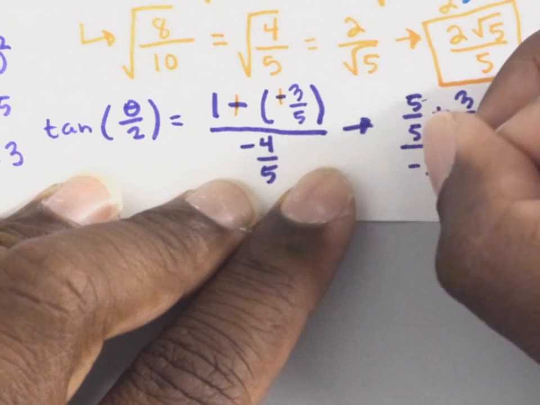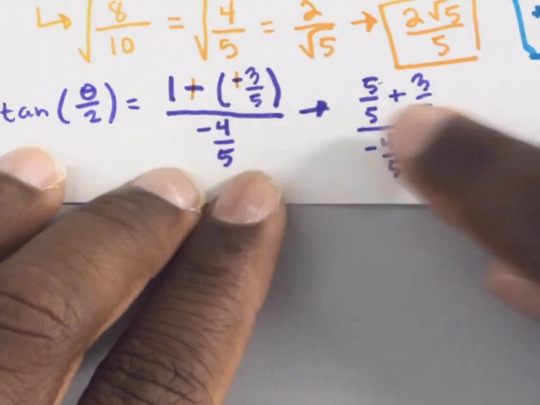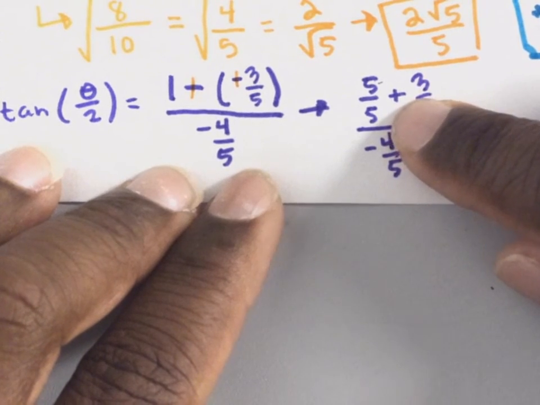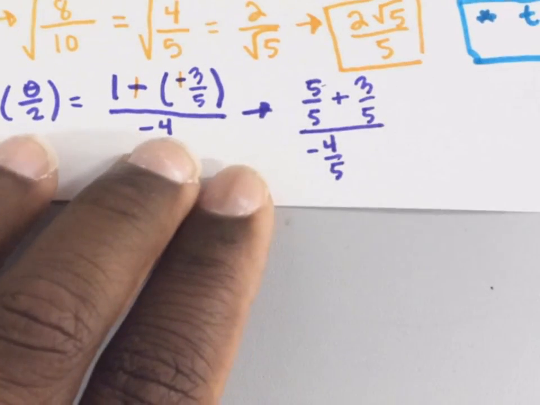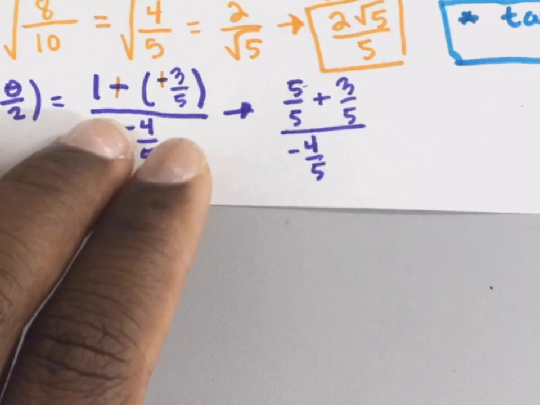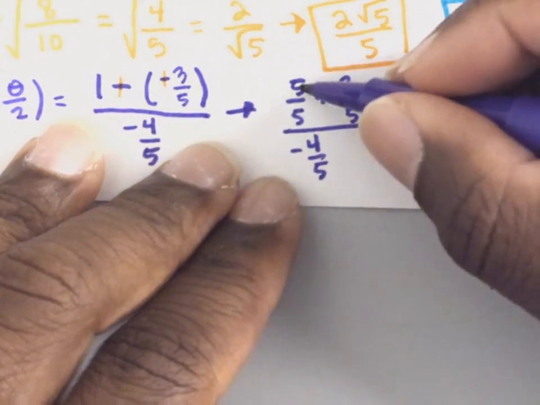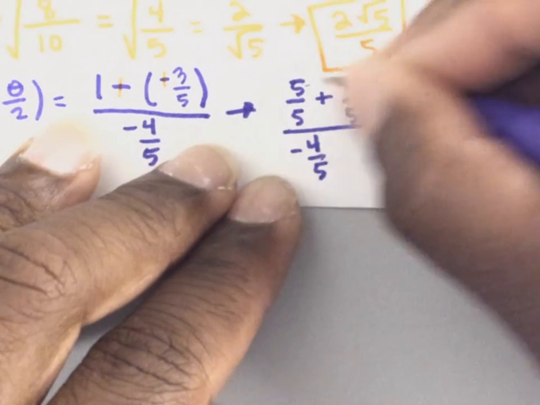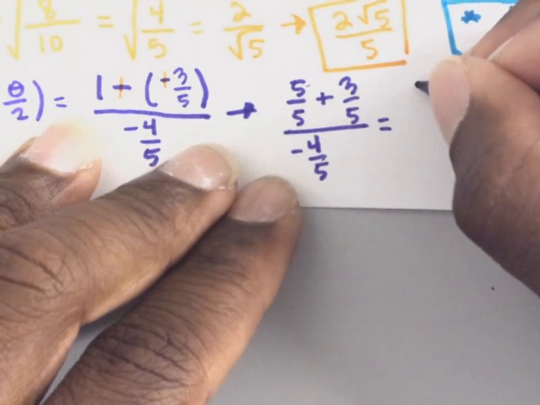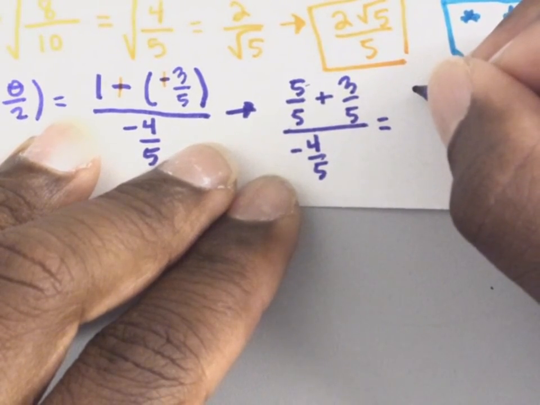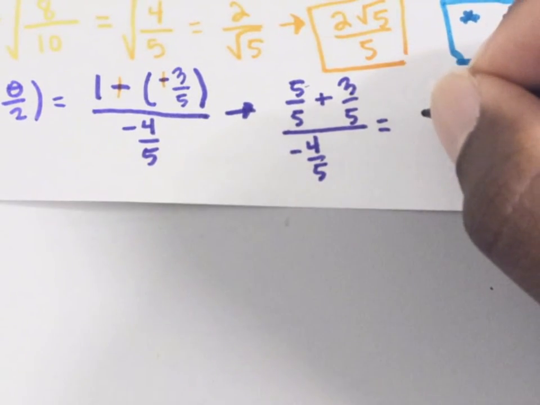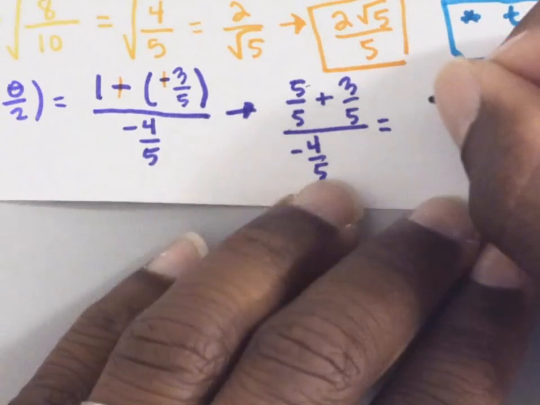You could just put them together, for sure. Just do 5 plus 3 over 5. In the top, I get 5 plus 3, which is 8. So 8 over 5.